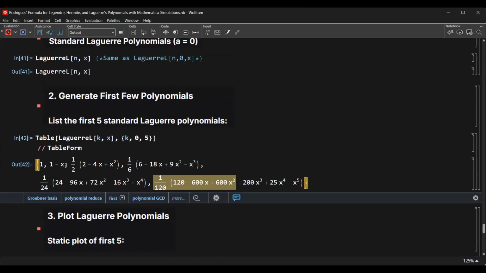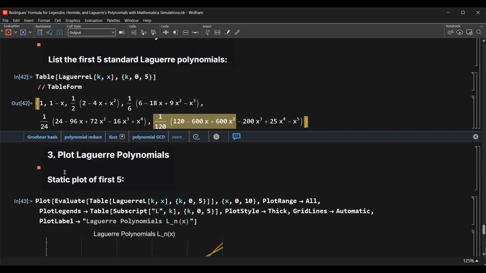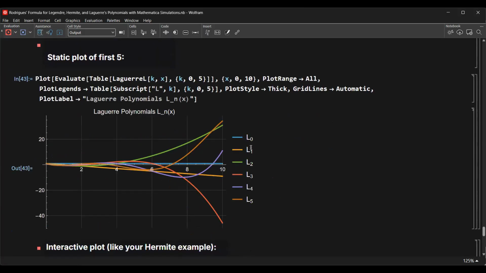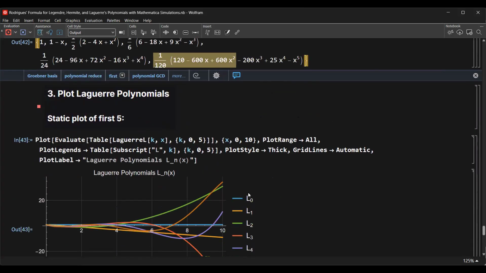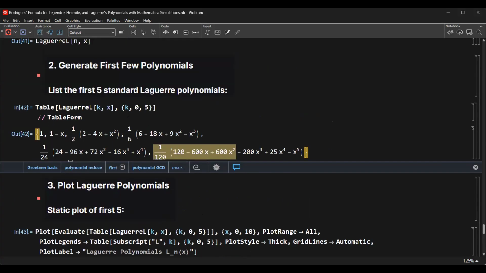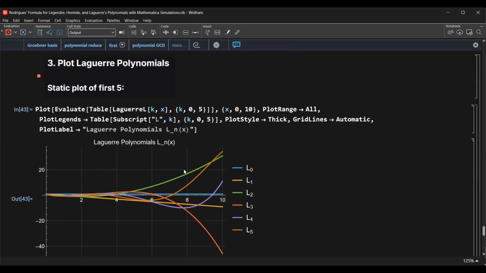The plot of all these: for L equals 0, this is equal to 1. For L equals 1, 1 minus x. Now for L equals 2, we have this. For L equals 3, we have this.